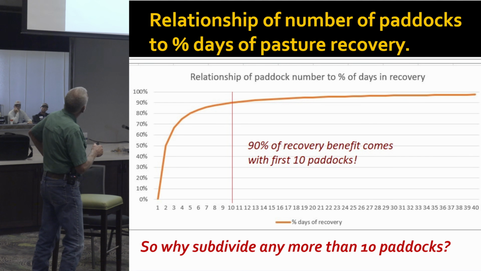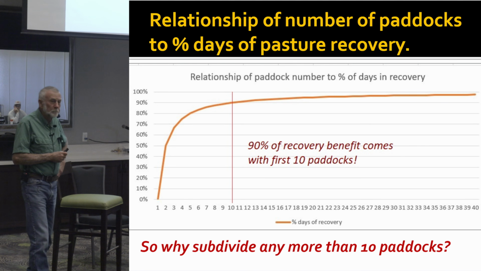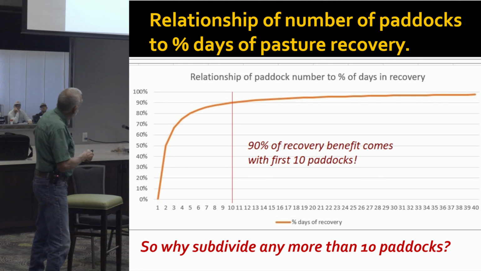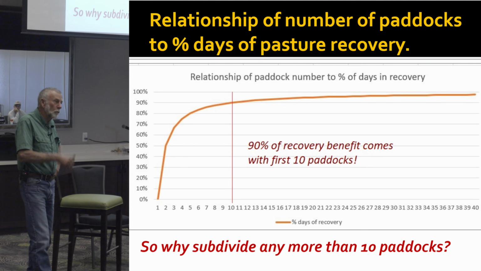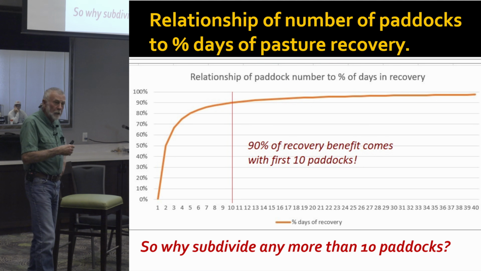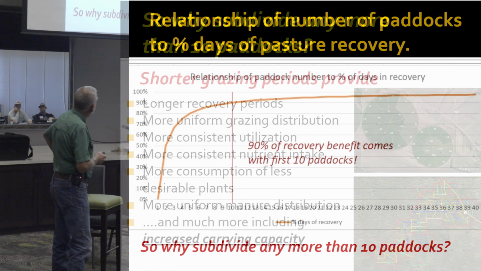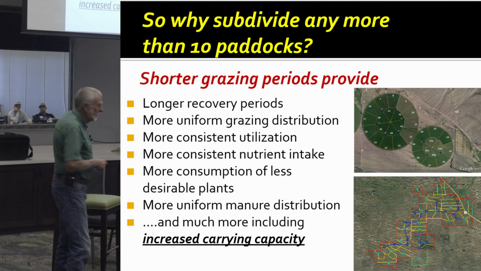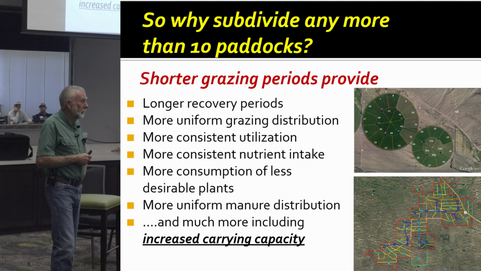And you can see that 90% of the benefit of recovery happens with the first 10 pastures. So why do we continue to split up pastures and go to smaller and smaller increments of time, shorter grazing periods? It just goes back to all the positive things that happen when we make grazing periods shorter.